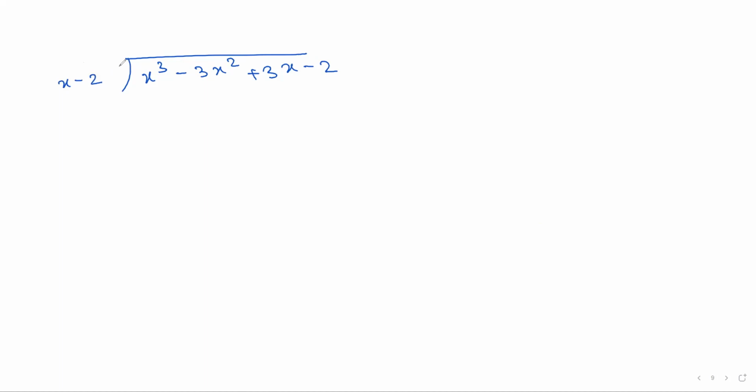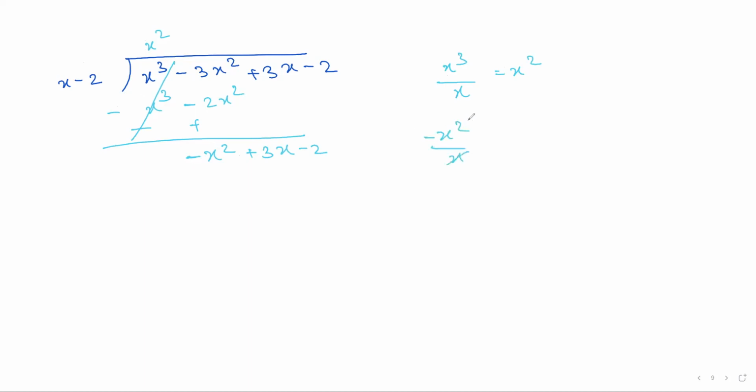So, first term by first term by a basic method, x cubed upon x is x square. Here as it is, x square multiplied by this, you have x cubed minus 2x square. Subtracting, minus x square plus 3x minus 2. Minus x square divided by x, you'll get minus x.